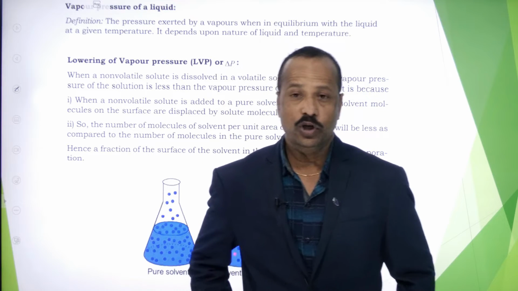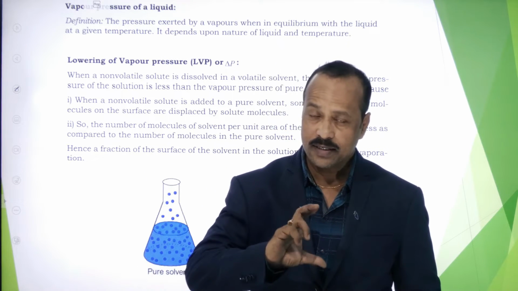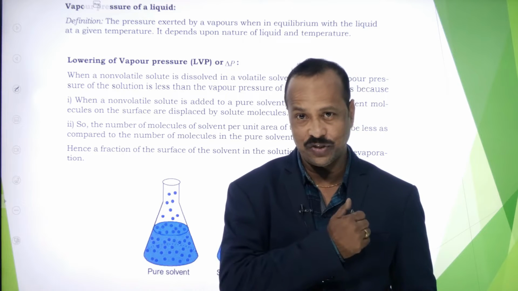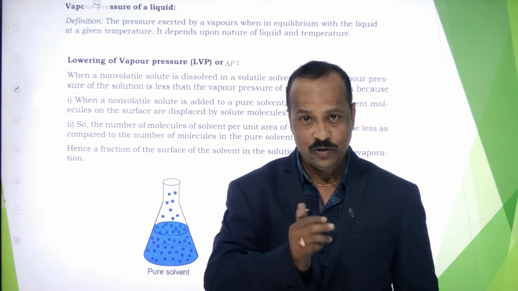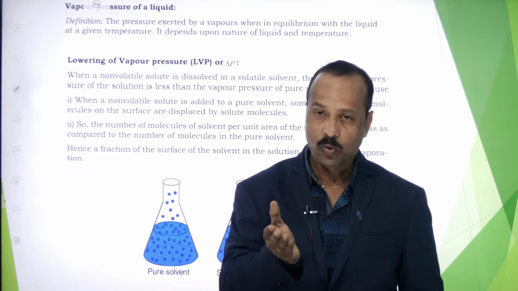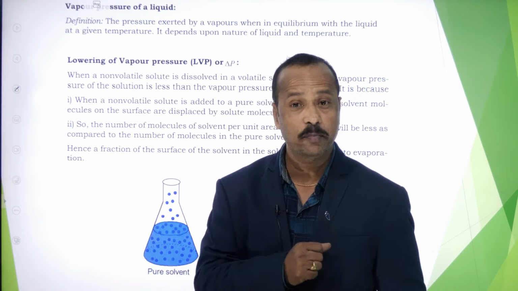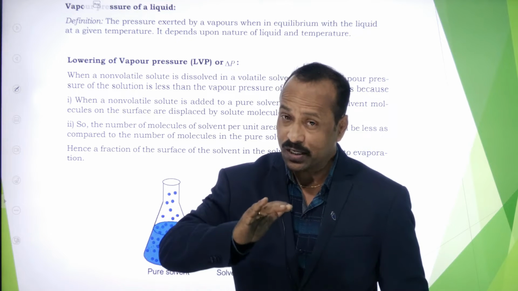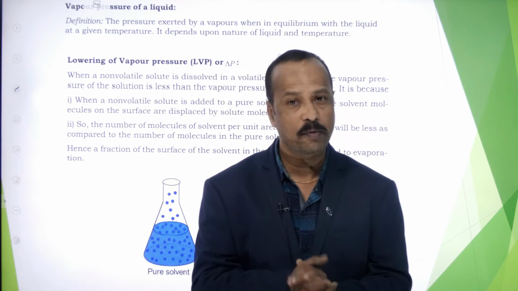Good. When water is boiled, the water is converted into the gaseous state. So liquid is converting into gas. That's called water vapor. Now, what is vapor pressure? The pressure exerted by the vapor is called vapor pressure.